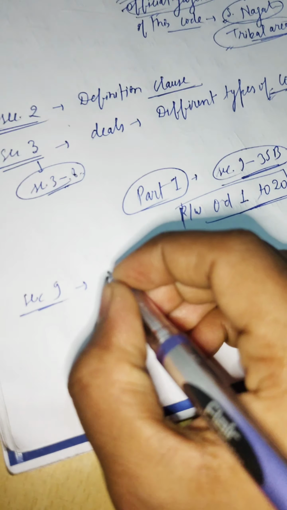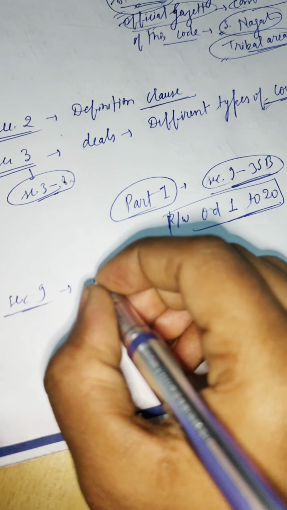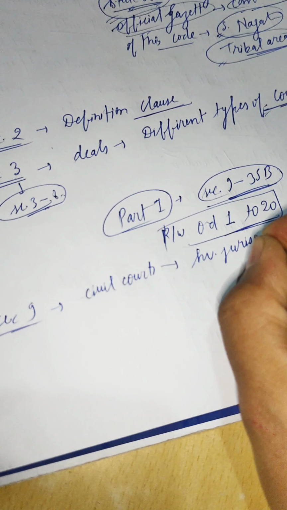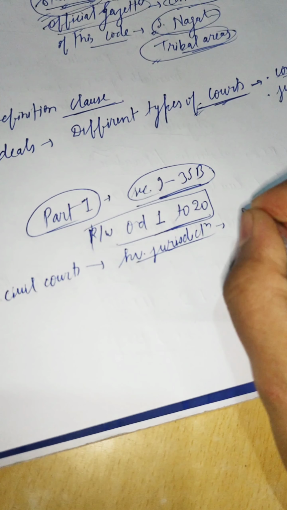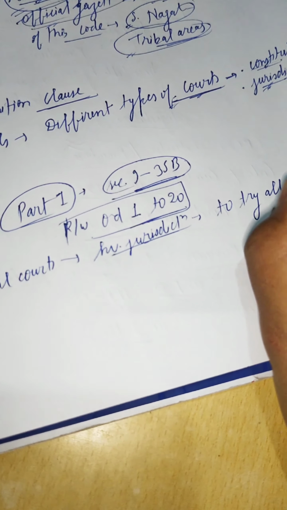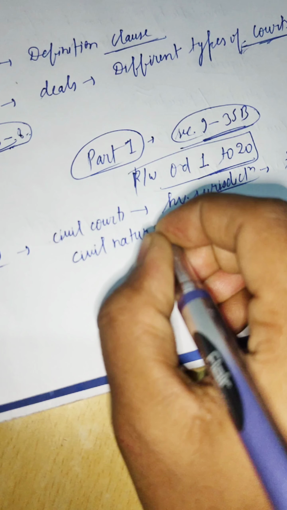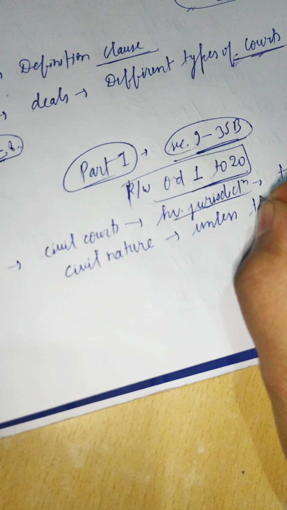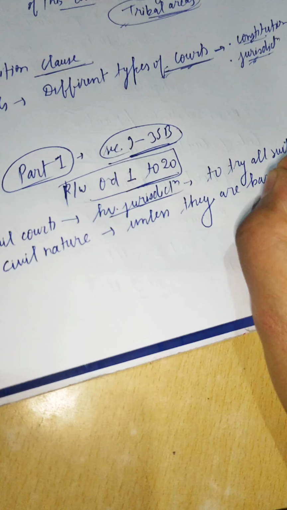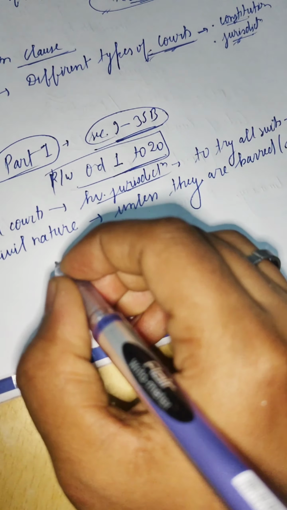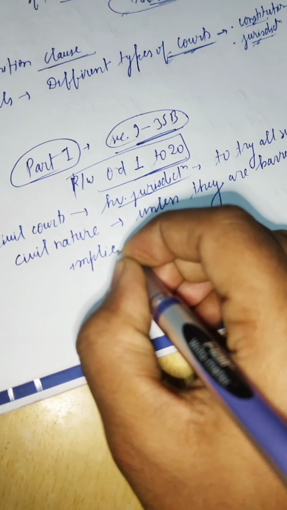In section 9 it is given that civil courts have jurisdiction to try all suits, those suits which are of a civil nature, unless they are barred, whether expressly or impliedly.